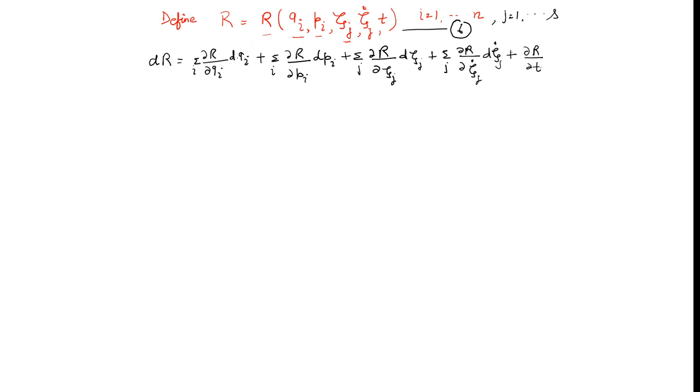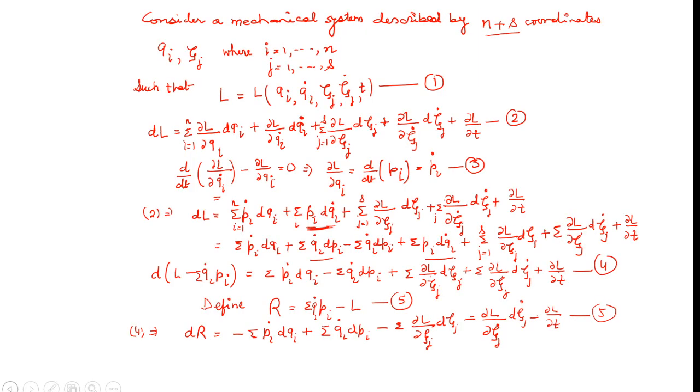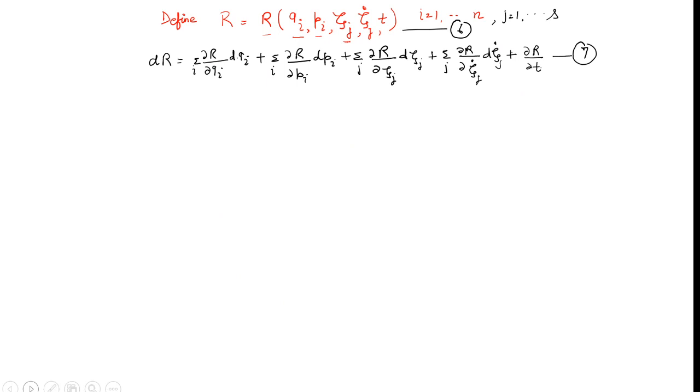Now, if you compare these two equations, one on the previous page, here the coefficient of dqi is minus pi dot. So comparing 5 and 7, because both are the expressions for dR and these are just different ways to write dR, delta R delta qi is equal to minus pi dot.